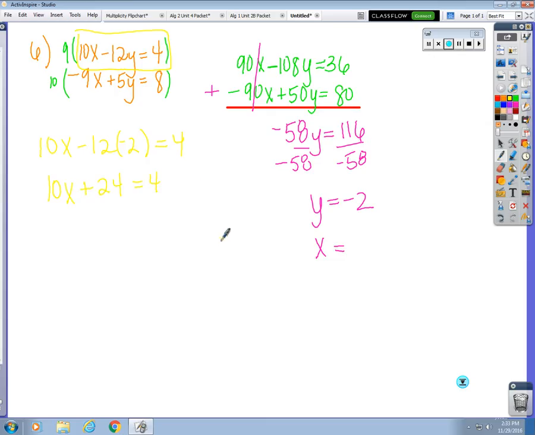Now what should I do? Subtract 24. So 10x equals negative 20, so x equals negative 2. So those are your two solutions, but that's all the work it takes to get there. Okay, quickly try number 7.